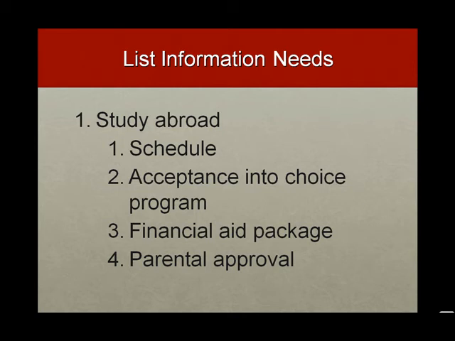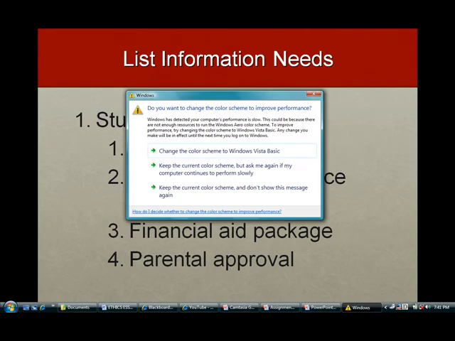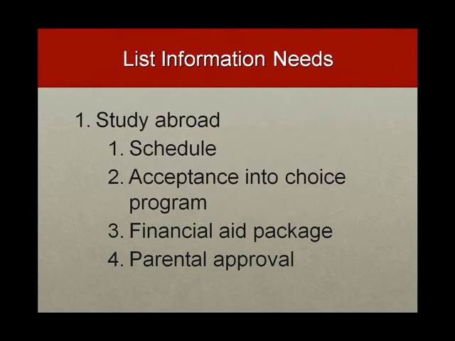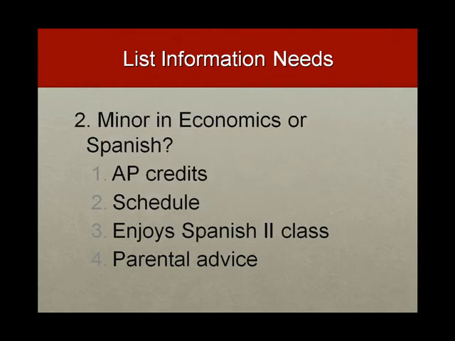When deciding whether or not to study abroad, Megan will consider information regarding her schedule of classes, information regarding her acceptance into her first choice study abroad program, information about her financial aid package, and information when deciding whether to minor in economics or Spanish, Megan will consider information about her AP economics credits from high school, which would relieve her from an introductory course, her schedule, her evaluation of her Spanish 2 class, and advice from her parents.